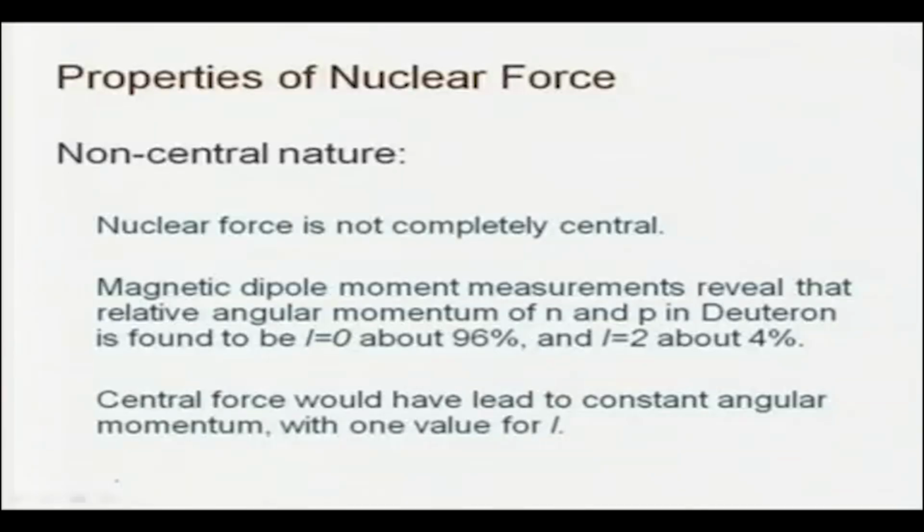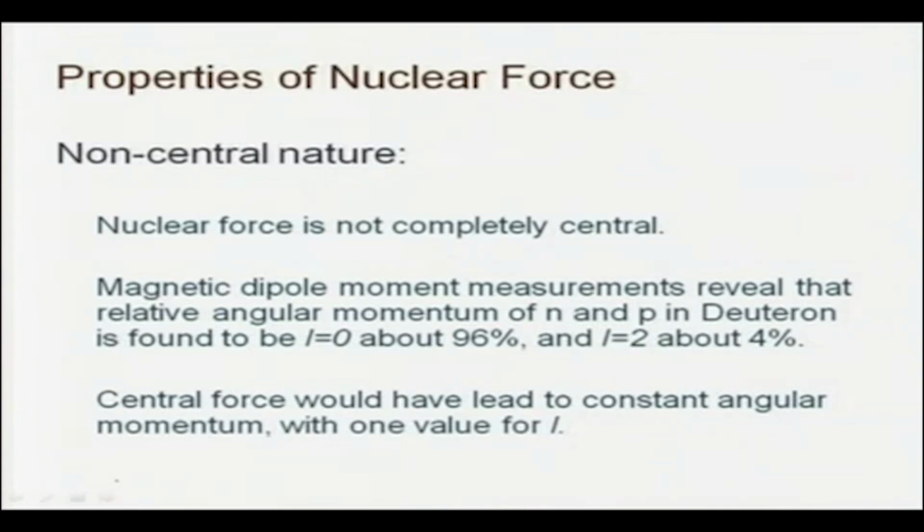In fact, it is found that 96% of the time it is in the L equal to 0 state, and 4% of the time it is in the L equal to 2 state. That is how the wave function of the deuteron is.